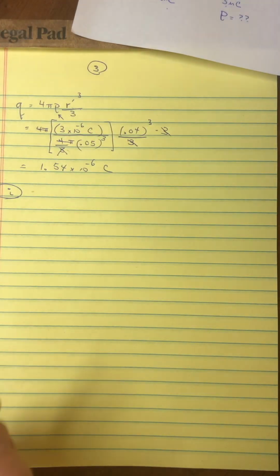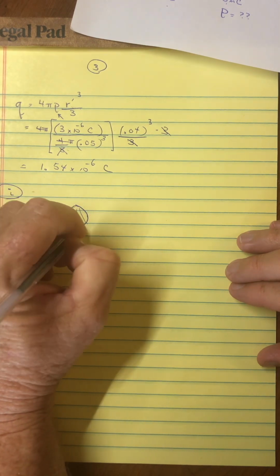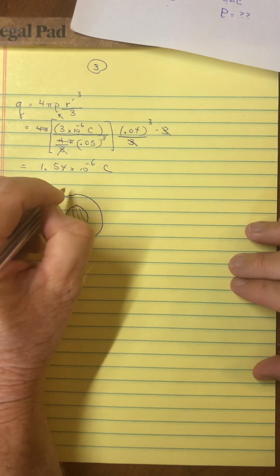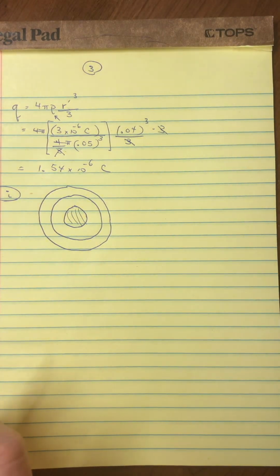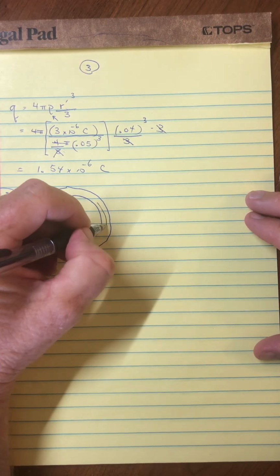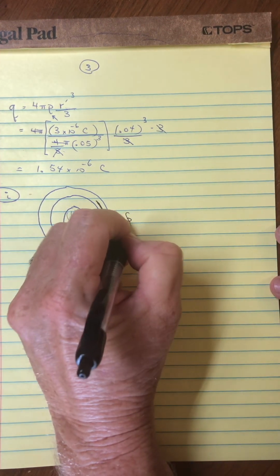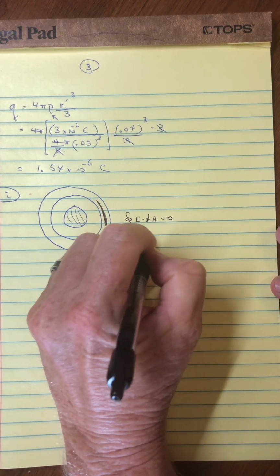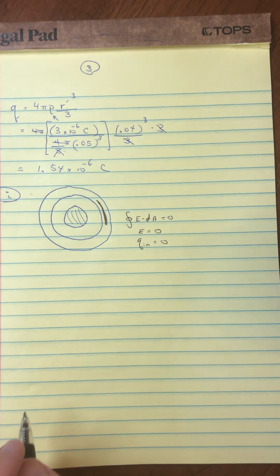So maybe a new picture is worth drawing. So if I have the insulating sphere in here and the conducting shell, because of what we just did in steps D and E, if I draw a Gaussian surface anywhere in here, I get 0 for the flux because of 0 field, which means charge inside is 0.